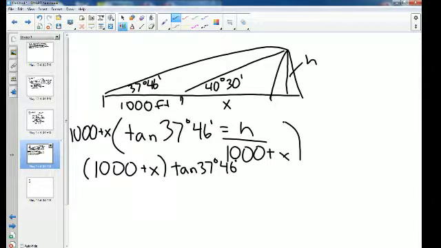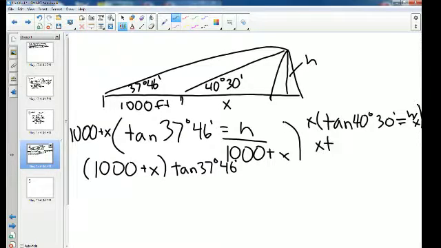So for the other part, we'll do tan of 40 degrees and 30 minutes equals h over x. Okay, so then to get the h by itself, it'll be the same as the other one, so multiply both sides by x. And then it'll be x tan 40°30'.